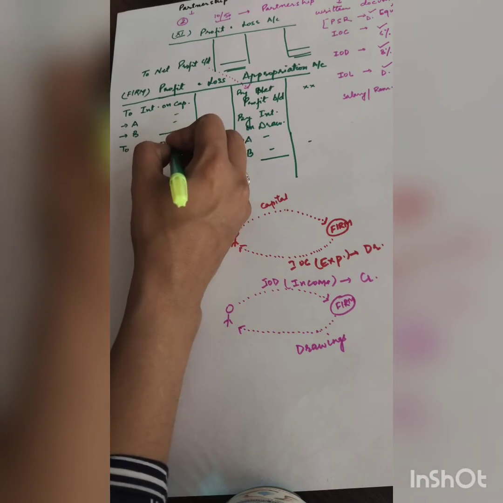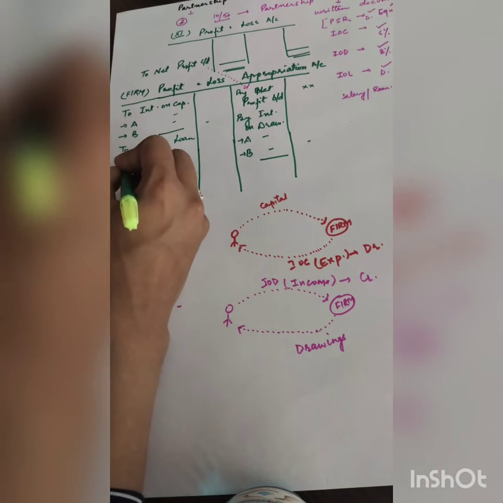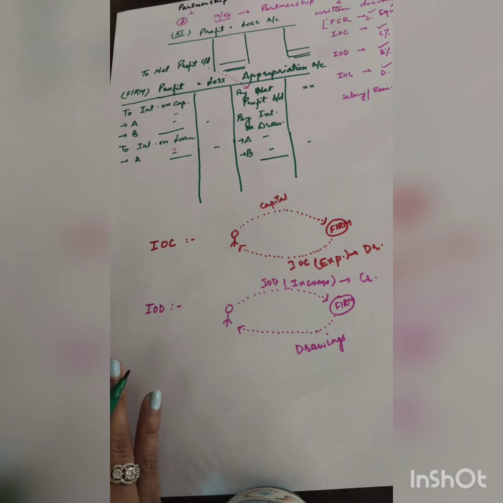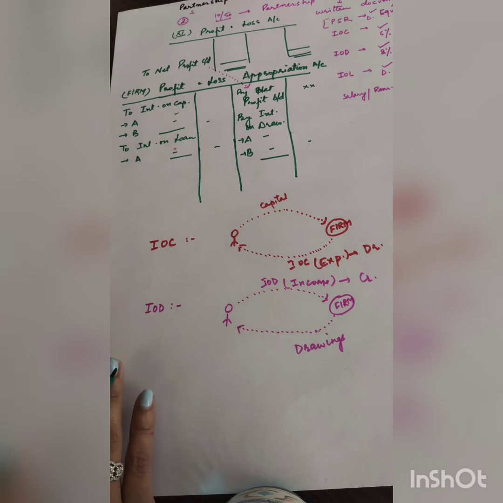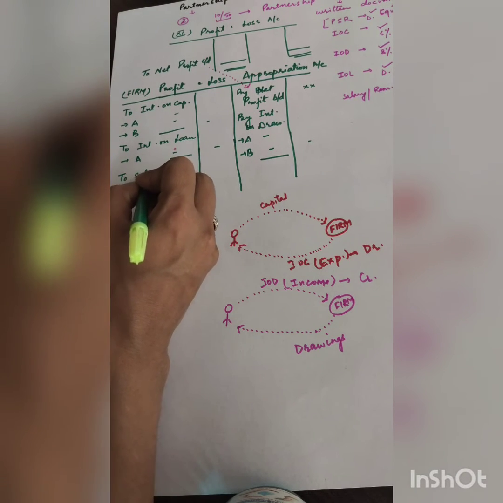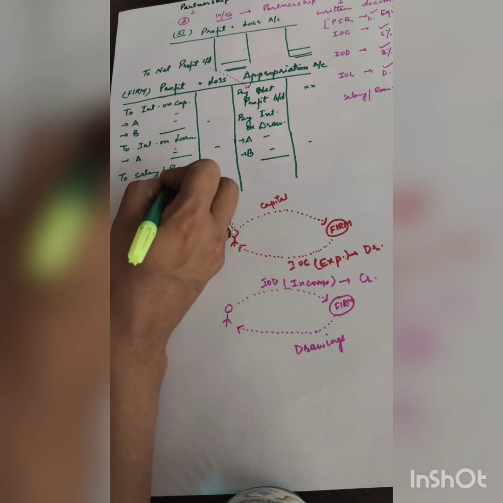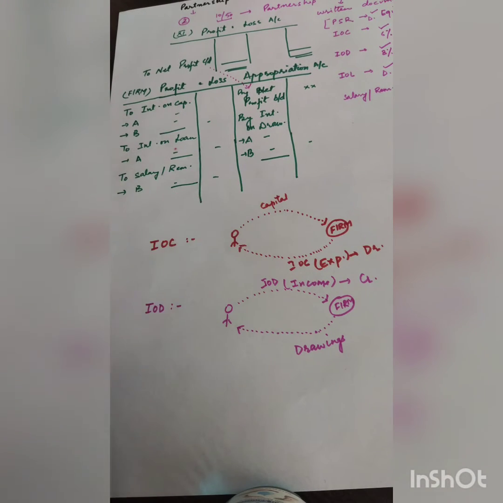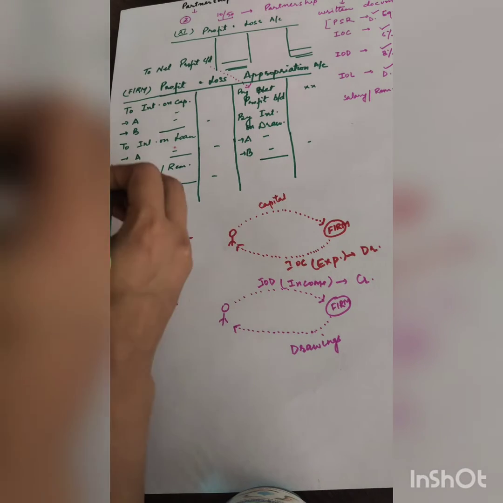So to interest on loan. Say only if A has given the loan, then only A will be getting the interest on loan from the firm. Right? If there is any salary or remuneration, again the same approach. We suppose that this time only B is getting the salary, so the decided person is getting it.